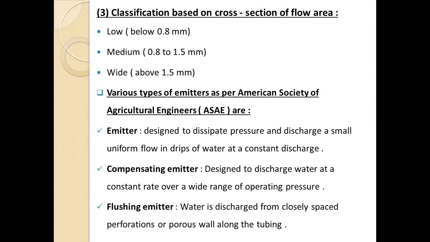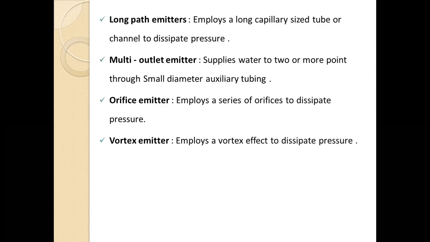Flushing emitter, water is discharged from closely placed perforations of a porous wall along the tubing. Long path emitters employ a long capillary-sized tube or channel to dissipate pressure. Multi-outlet emitter supplies water to two or more points through smaller diameter auxiliary tubing.